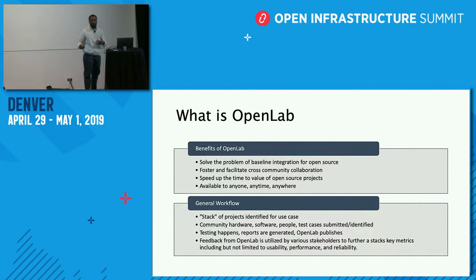If I'm using Kubernetes on OpenStack, can I even run Rook or some other project on top of that? So with OpenLab, what we're trying to say is, if the community comes together and says, it's OpenStack at the bottom, then we do Kubernetes, and then we do Kubeflow on top of that, and then we're trying TensorFlow with Kubeflow, does that, just on the basic level, deploy?